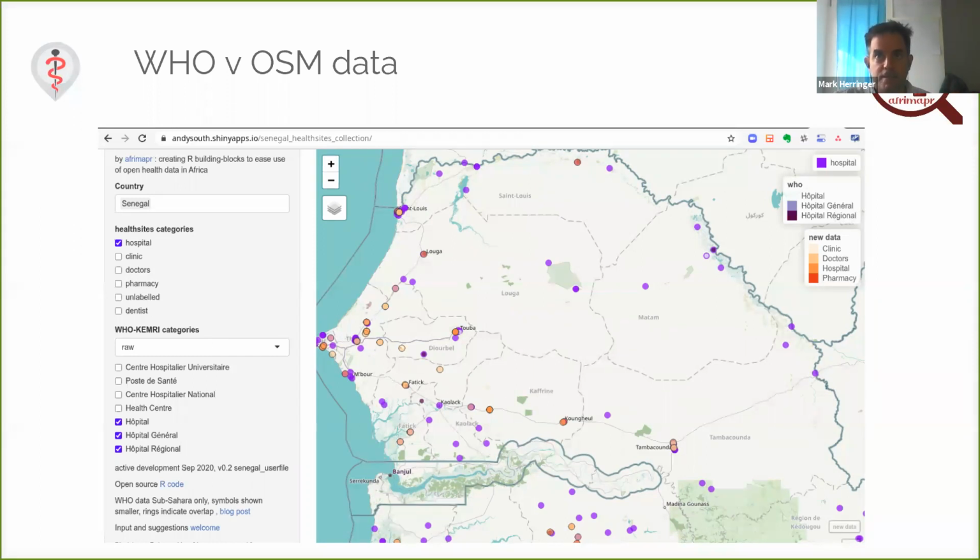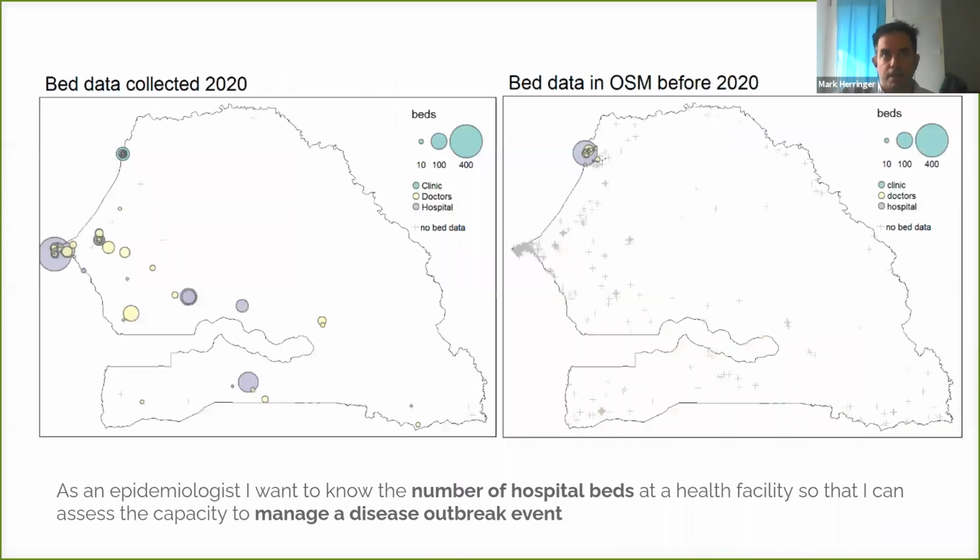And you can see how different it is. And this is the data silo that we're essentially trying to update and remove.